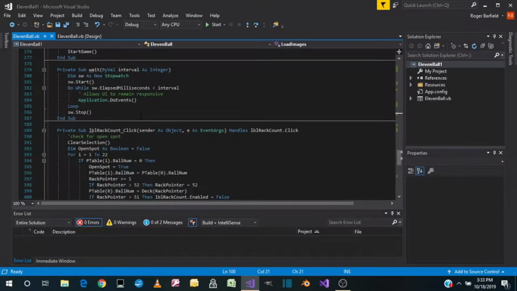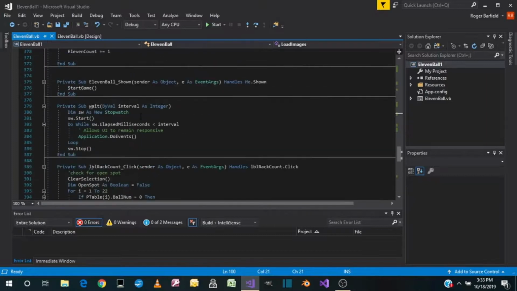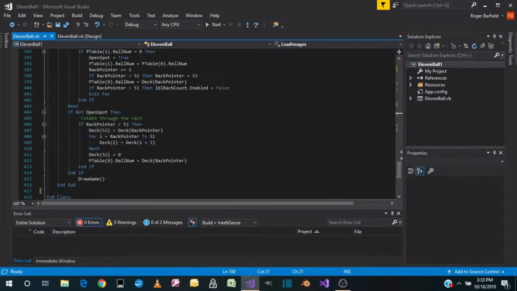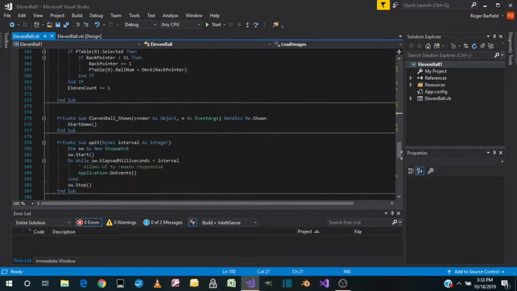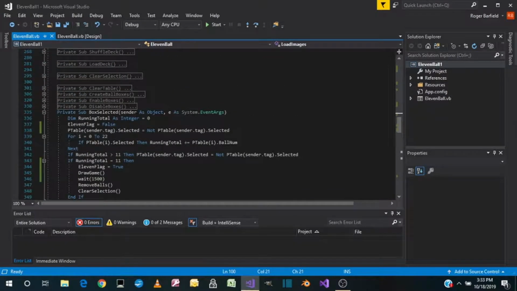So when we do the 11 count check, this is where we go. I forget where everything's at. Okay, right here. When we go through and start checking them, we do the running total. And then if it's 11 ball, then we do this.